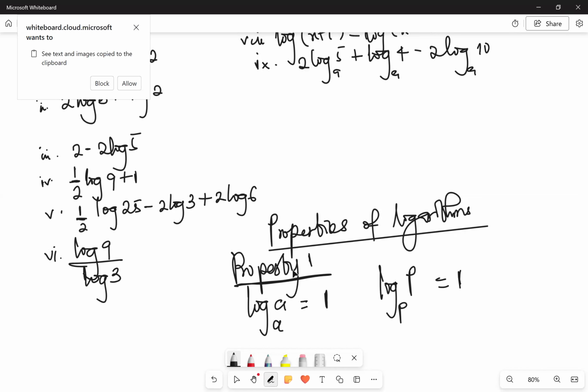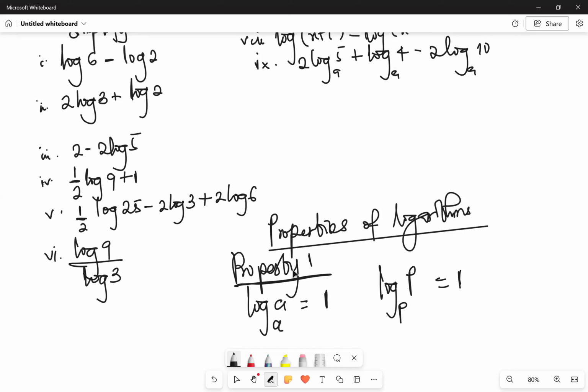Now, you can put this into numerical form. In the same vein, if you have the log of 5 to the base of 5, as long as the number and the base are the same numbers, the answer is 1. And you can put that on your calculator.